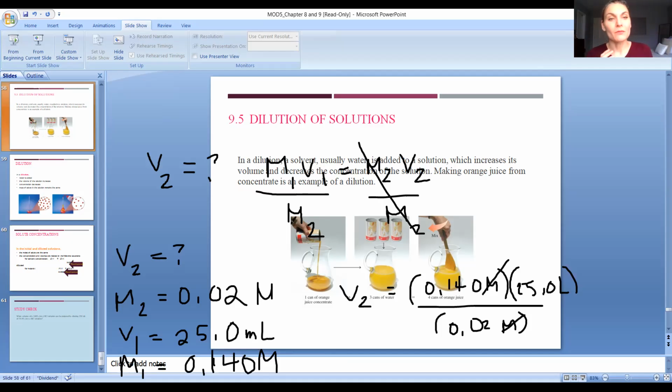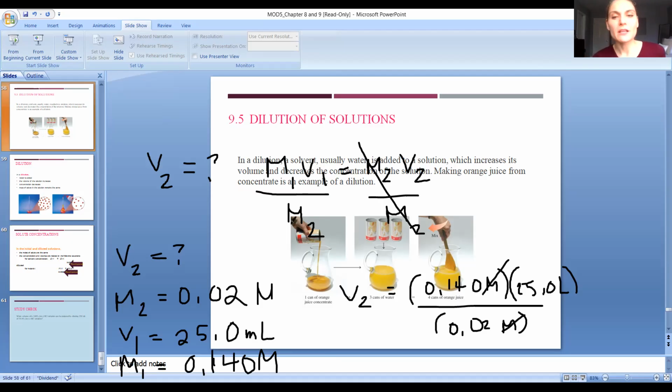So we basically took this molar concentration of 0.14 and multiplied it by 25 milliliters, because that's what we started with originally. And then we divide by our new molar concentration. When we get V2, you have 0.14 times 25, divided by 0.02.